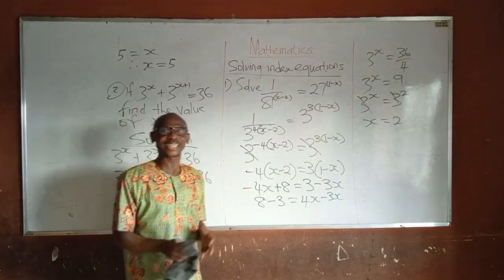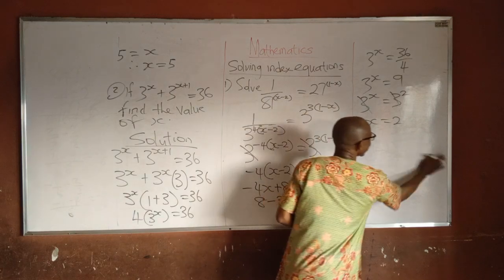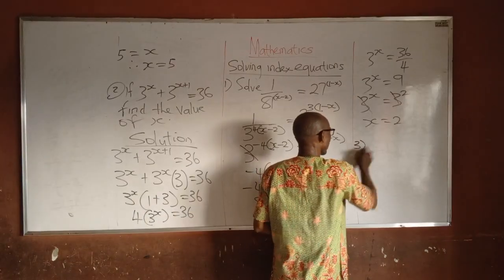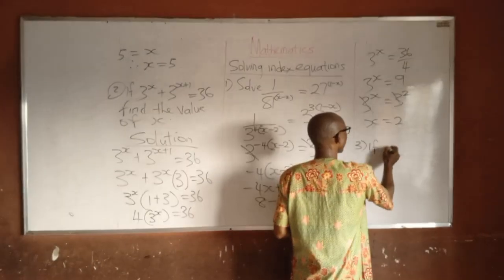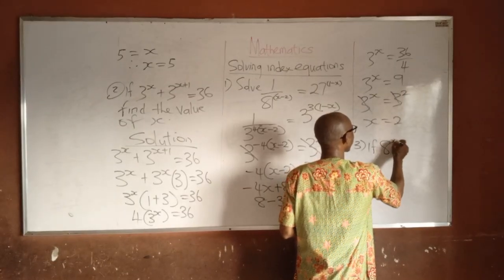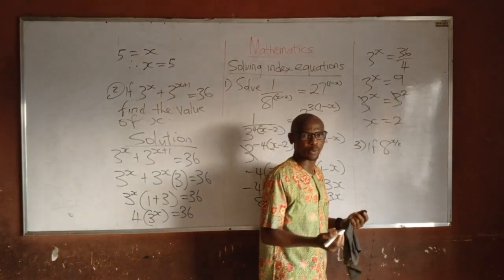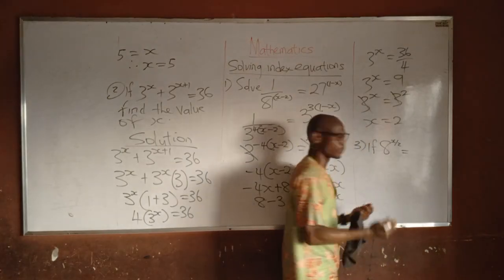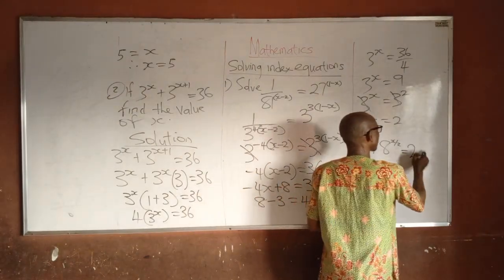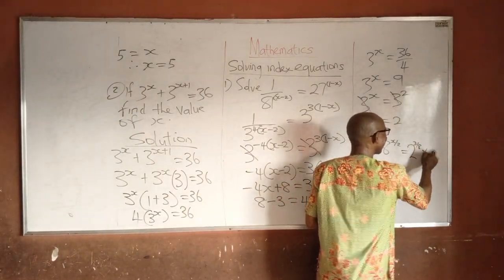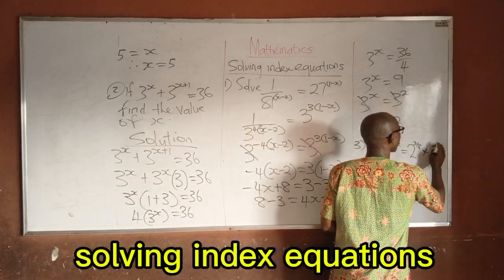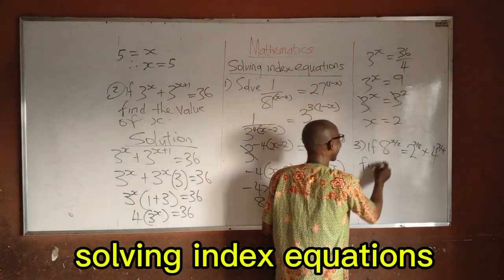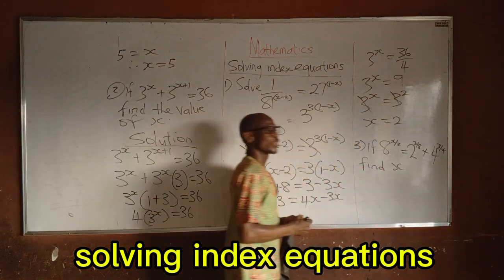Let's look at a third example. Question number 3. If 8 raised to power x over 2 is given as being equal to 2 raised to power 3 over 8 times 4 raised to power 3 over 4, we're to find x.